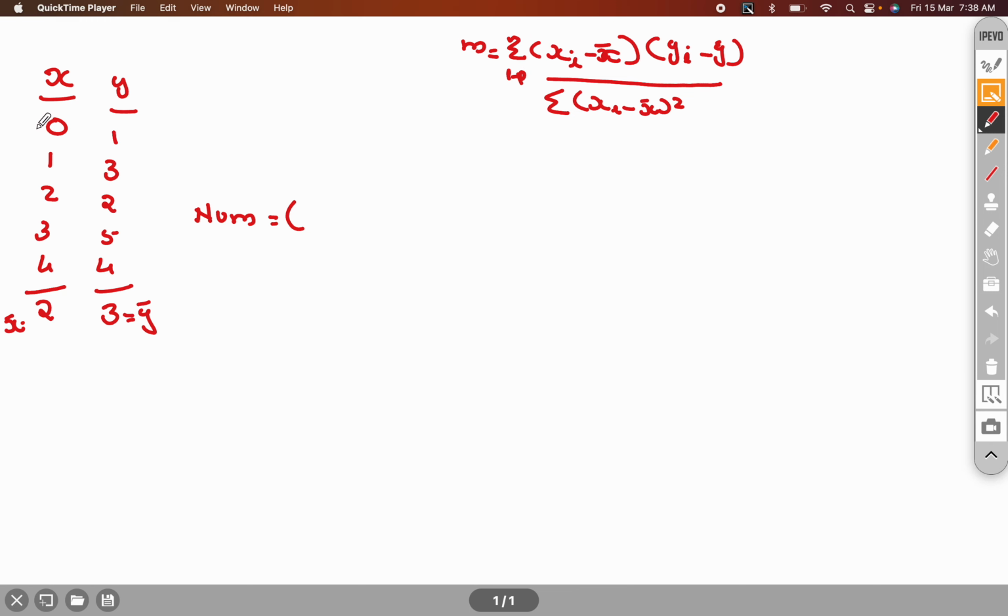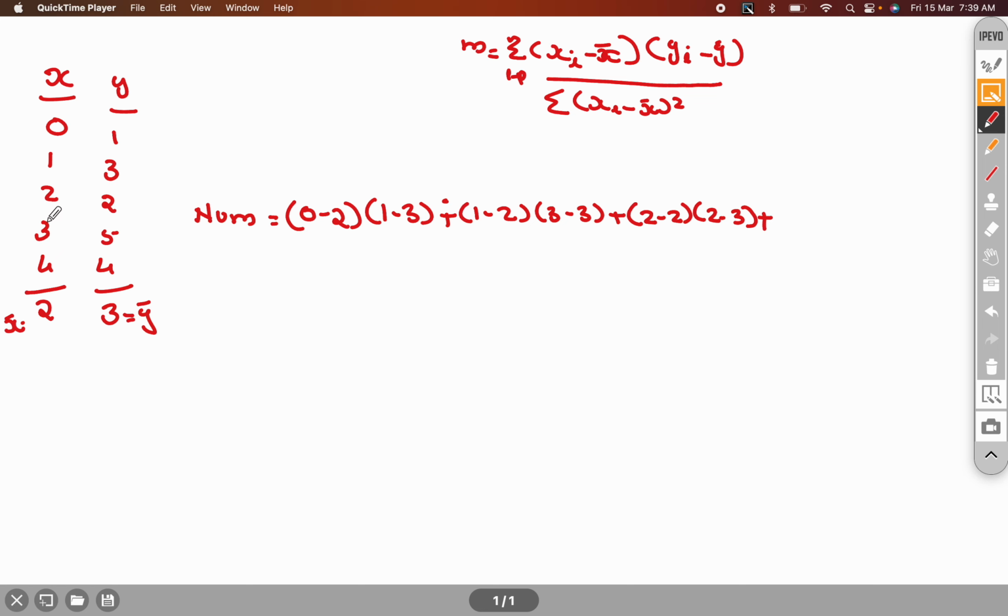So here x of 0 is 0, that is 0 minus x bar, which is 2, multiplied by y1, that is 1 minus 3. Plus, the next value, 1 minus 2 multiplied by 3 minus 3. Plus, then we have 2 minus 2 multiplied by 2 minus 3.